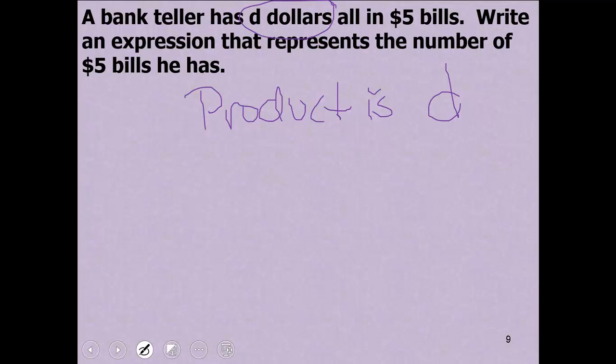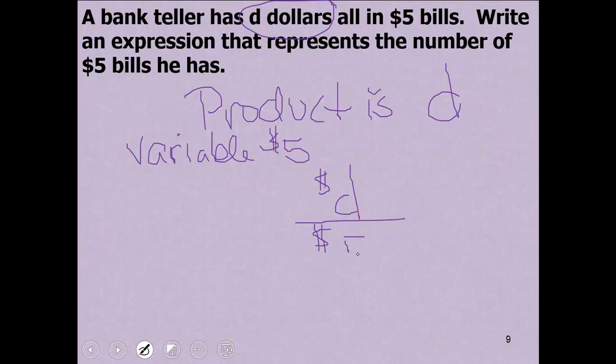It's okay that we don't know it. I know my product, and I know my one variable. The amount per bill is $5, so my expression is D dollars divided by $5. That's going to be the number of bills.